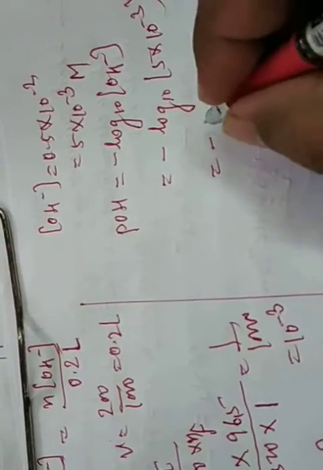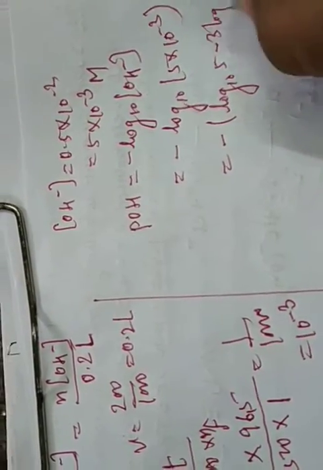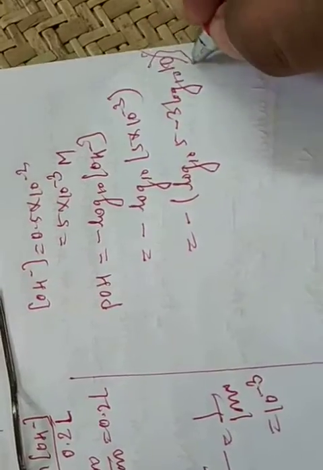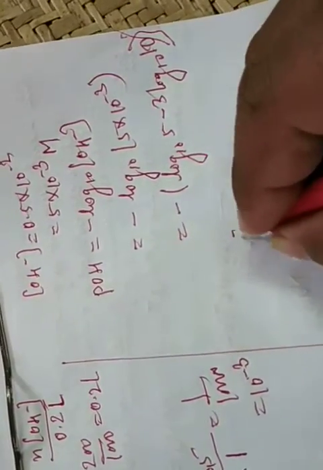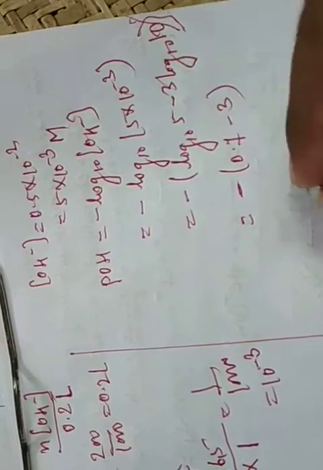Minus, take common, log of base 10 5 and minus 3 log of base 10 10. There is a bracket. Okay, now the value of log 5 is 0.7 and the value of log 10 is 1. So now here it is 3 plus, and minus 0.7. The answer is what, 2.3.